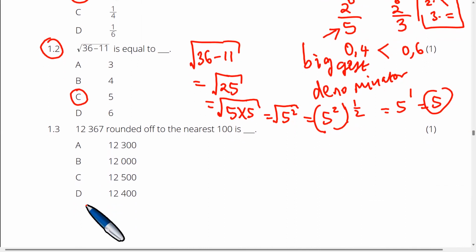Now we have 1.3. I said these are worksheets, so we are working together. 12,367 rounded off to the nearest 100 is what? What do you think of 1.3?